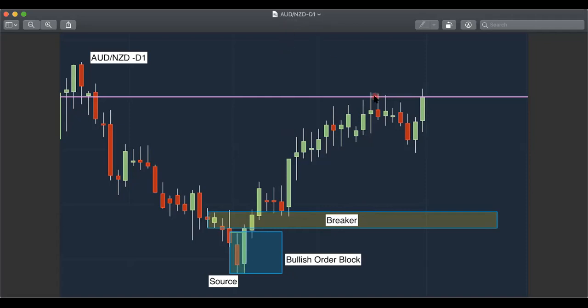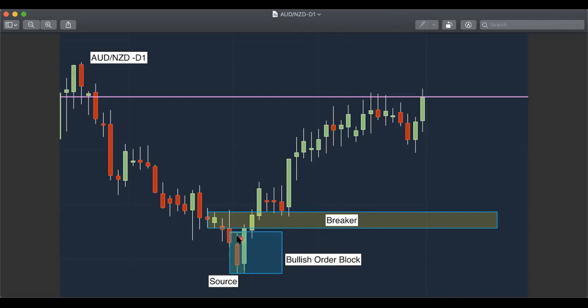Once we have identified this as breaker, then we can see that this candle has the highest wick to the downside. So we will identify this part as the source. And beside that, we have another nice confirmation because in the same price action, we are getting a bullish order block.